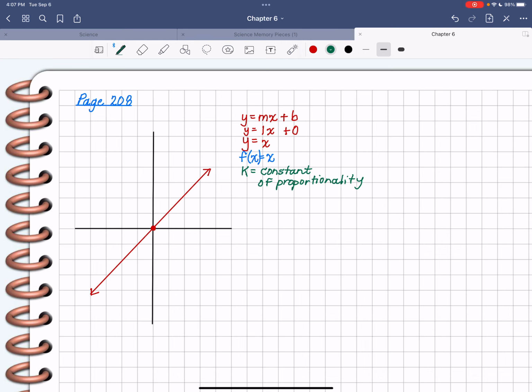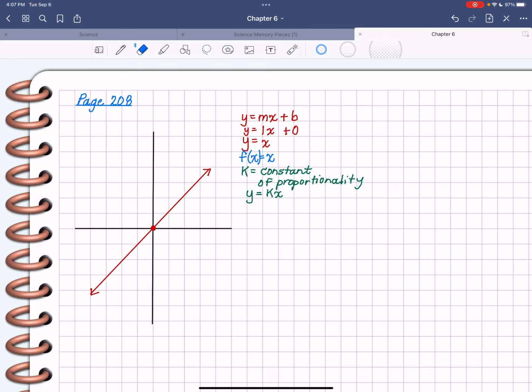It passes right through 0, 0. So given that is true, we can also write our equations this way. Y equals kx plus b. But in this case, the y-intercept is 0, so b is not a factor. So the k and the m are used interchangeably as long as you have a proportional relationship.